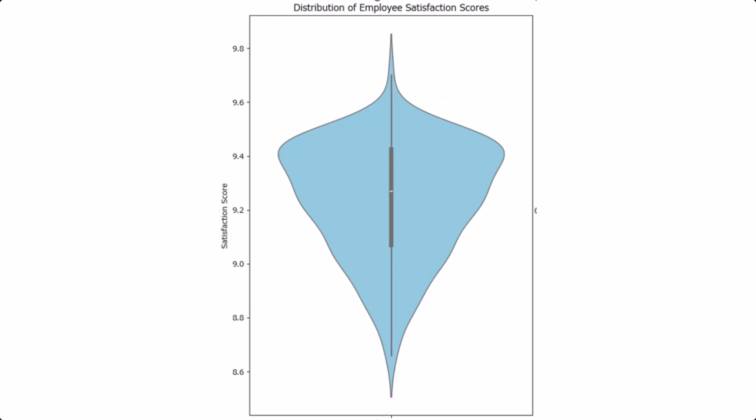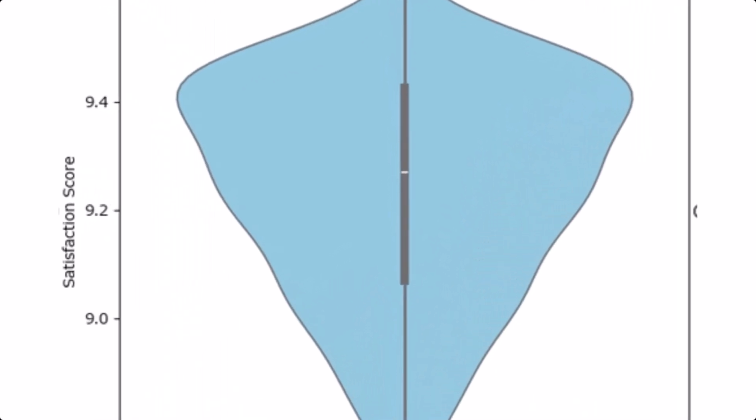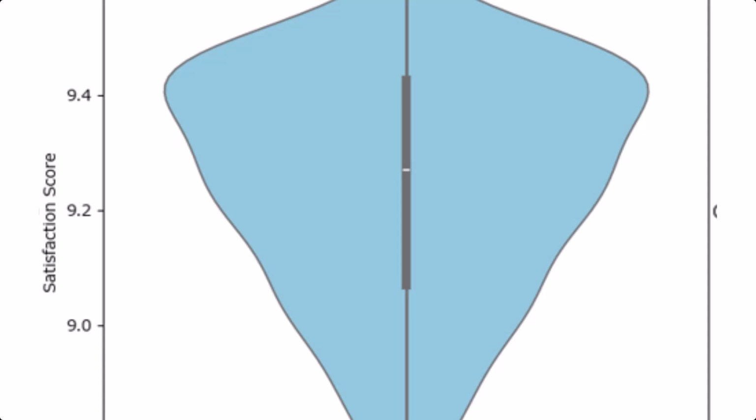Within the chart, we have a box plot that gives us some additional information about the data distribution. The white line indicates the median value. This is the middle satisfaction score when all scores are lined up from the lowest to the highest score, so that half of the employees have a score below the median and half have a score above it.